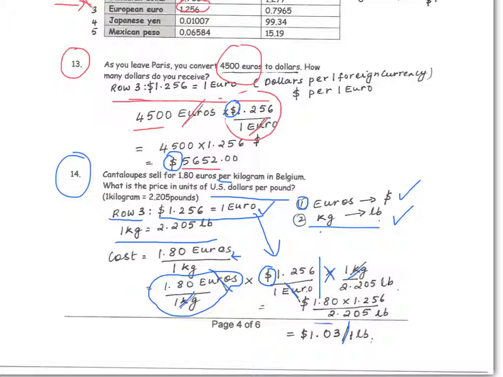Combining all the numbers using your calculator, we get 1.03, and the currency is in dollars and the weight is in pounds. So that is the final answer, $1.03 per pound.